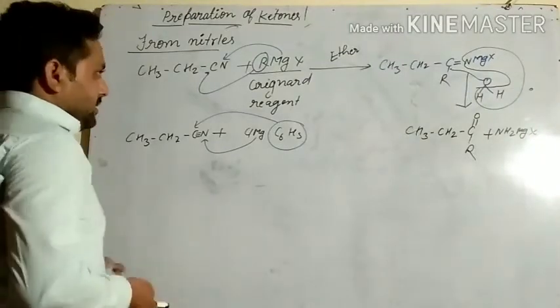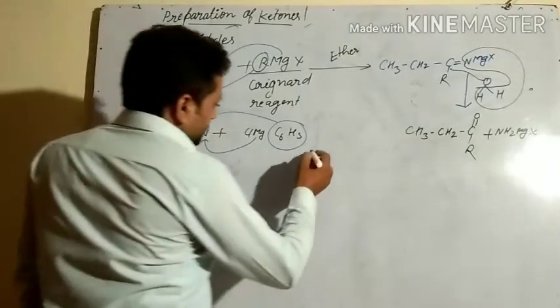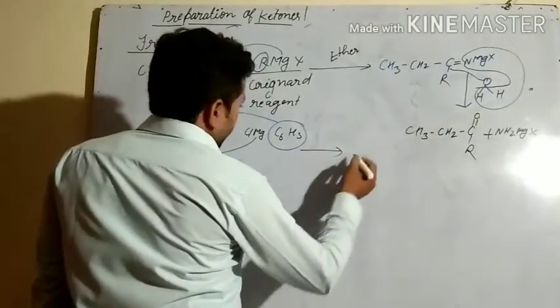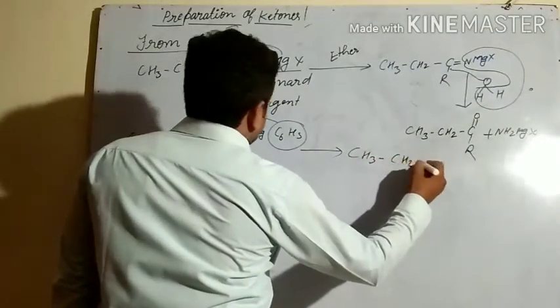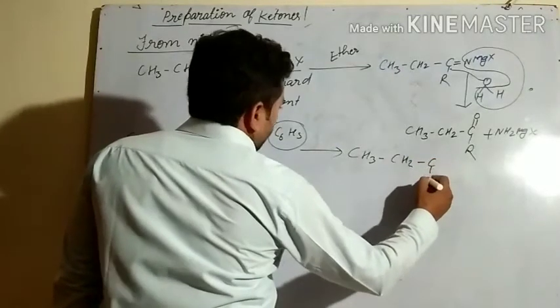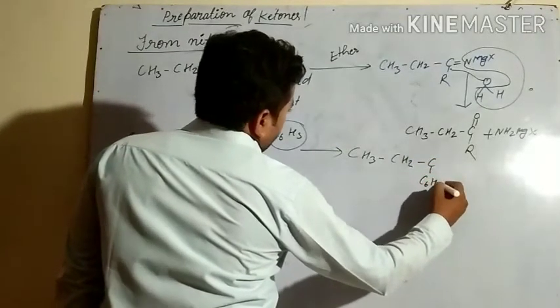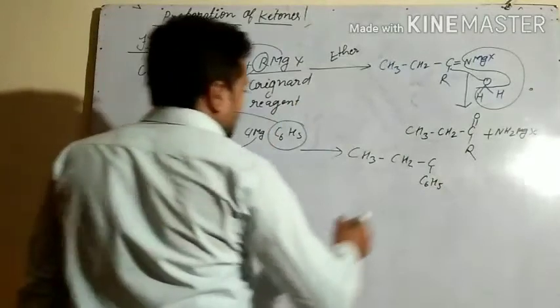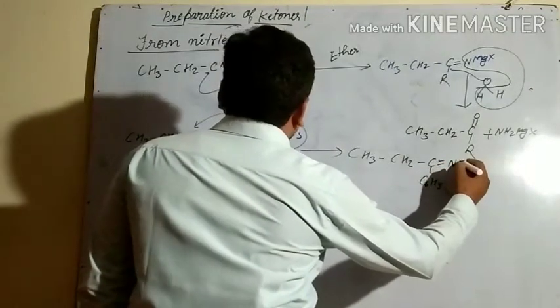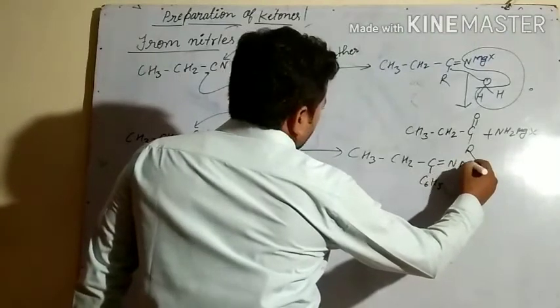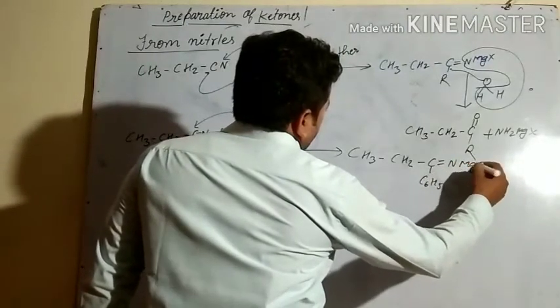So an adduct will be formed. So what is the adduct? The adduct will be CH3, CH2, C6H5, and MgCl.